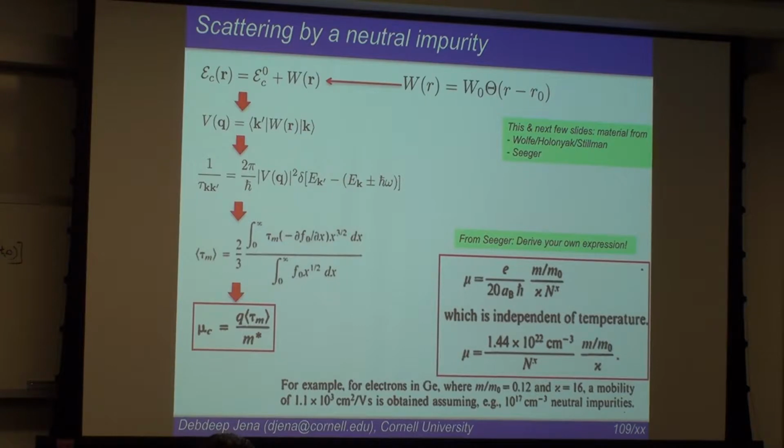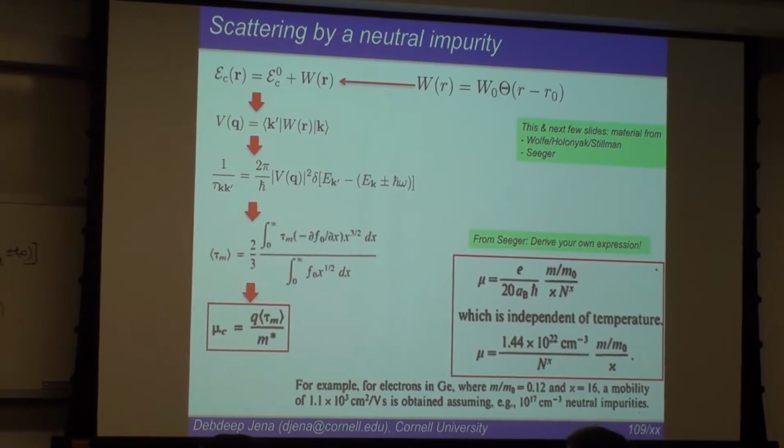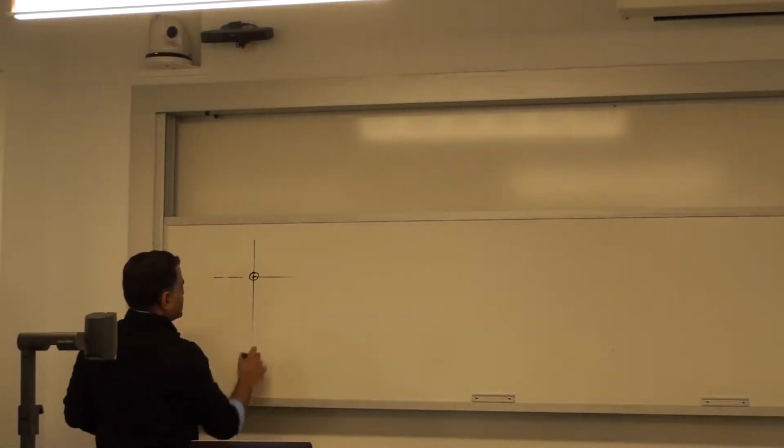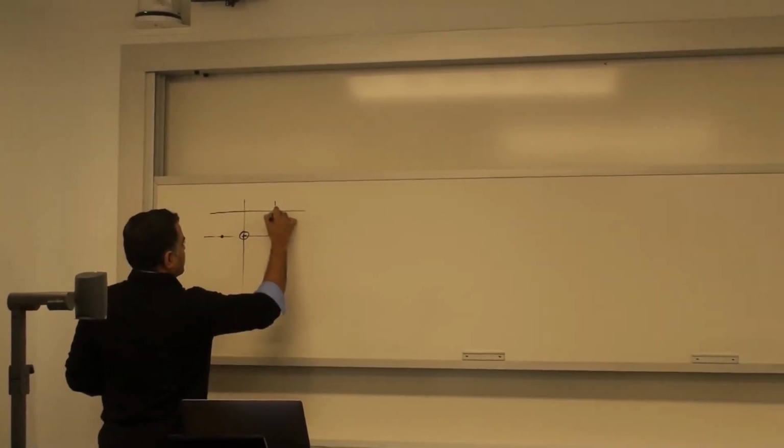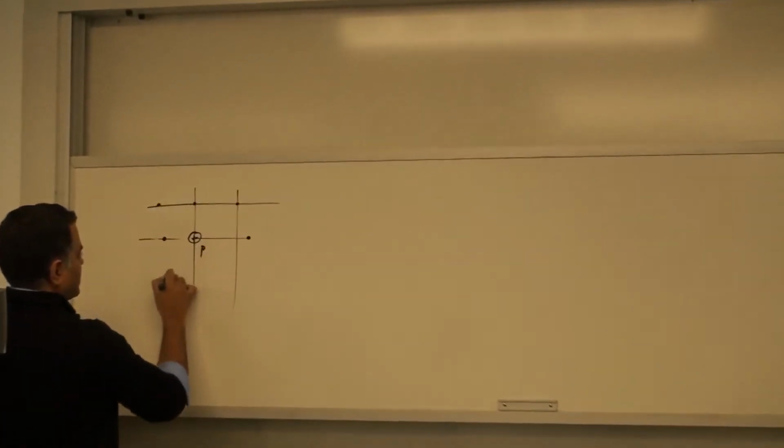So how do you form neutral impurities? For example, let's say you have a donor atom sitting in a crystal of silicon, where you have normal silicon atoms, and then one of them is a phosphorus atom, which is a donor.